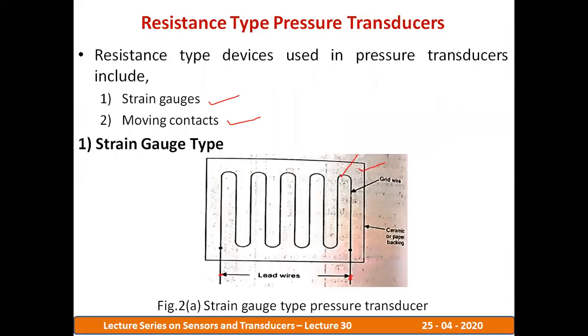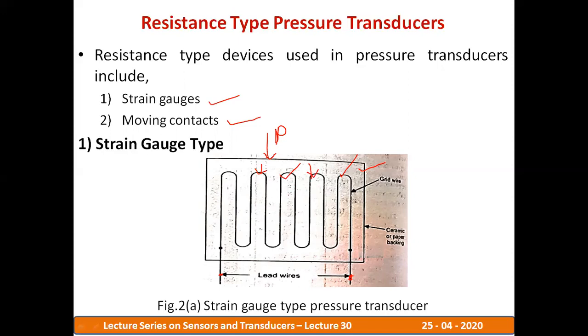Okay, so we'll understand it even better. When pressure is applied on the strain gauge, due to elastic deformation, this wire is going to undergo elastic deformation. When it undergoes elastic deformation, it gets stretched.